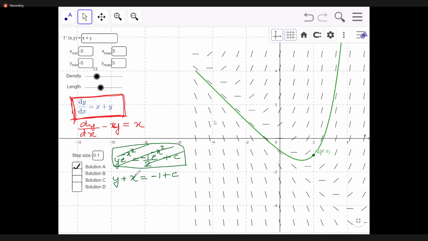Integrating factor will be e to the power minus x. Tell the final answer, only the final answer I want. You have something different than this one? Quickly.